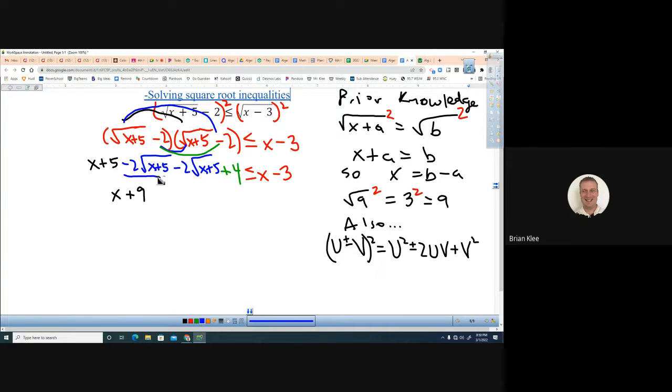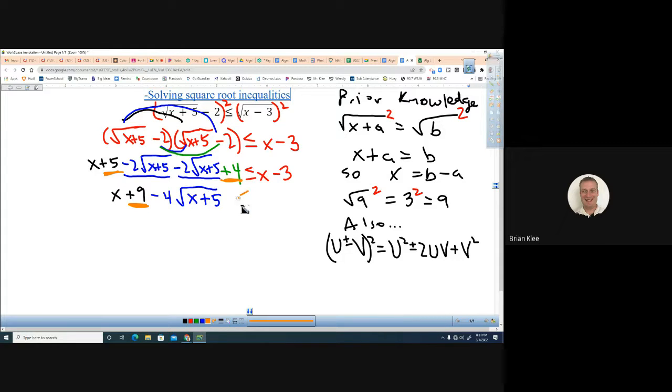And I have the negative 2 root x plus 5 and the negative 2 root x plus 5. Well, negative 2 and negative 2 of something is the same as negative 4. And once again, the plus 5 and the plus 4 is where the plus 9 came from.